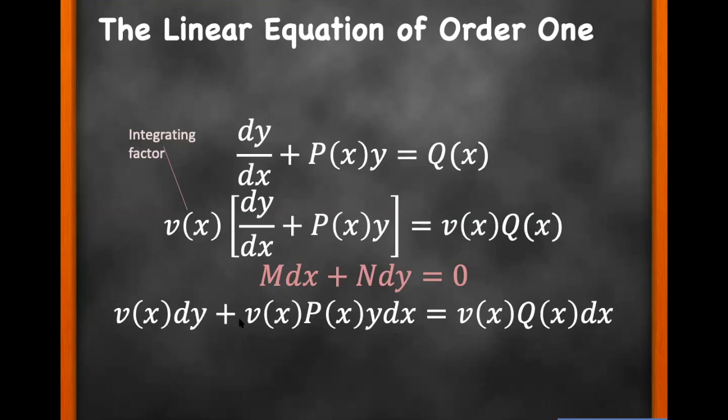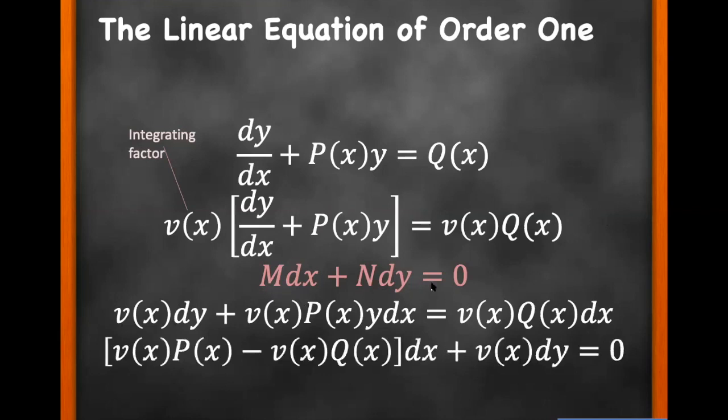Now arranging this into the form m dx plus n dy equal to 0, we transpose this to the left side.